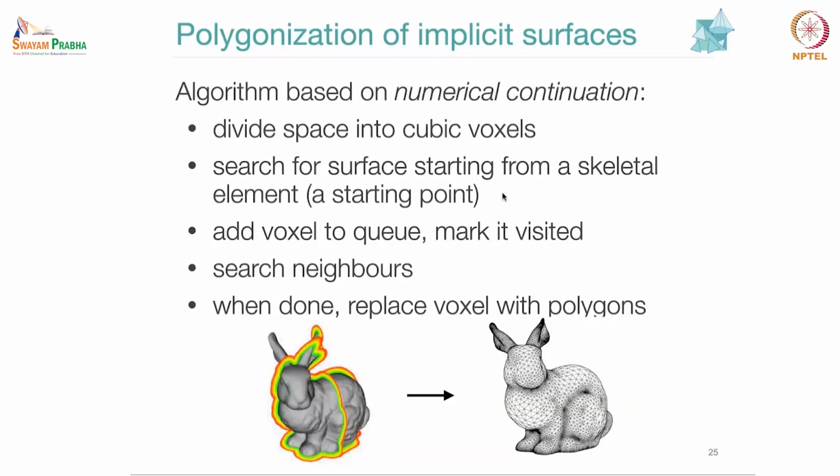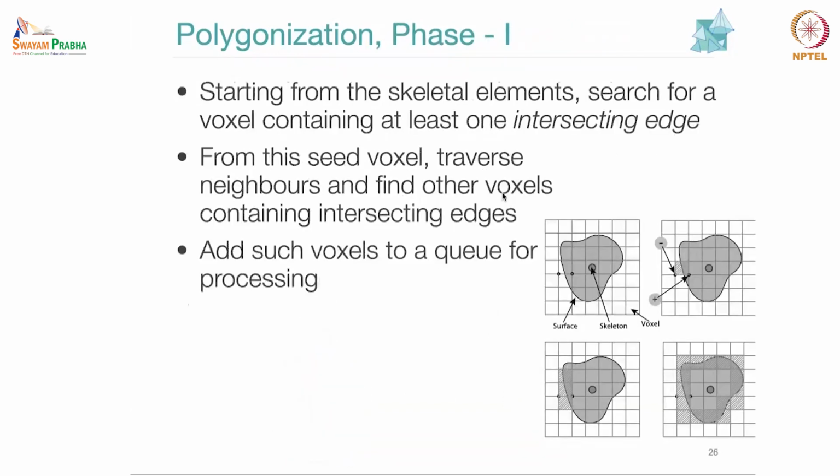So let's take a look at that. This is the search in 2D space. You start with a skeletal element or you find a pixel or grid that has values on either side of the ISO value.